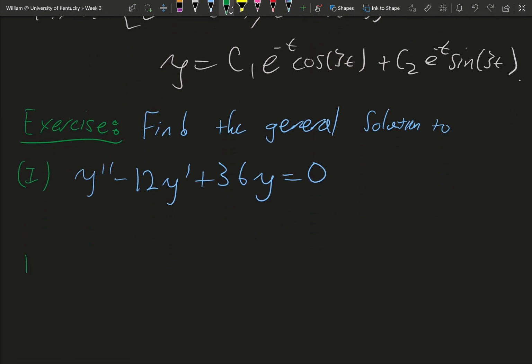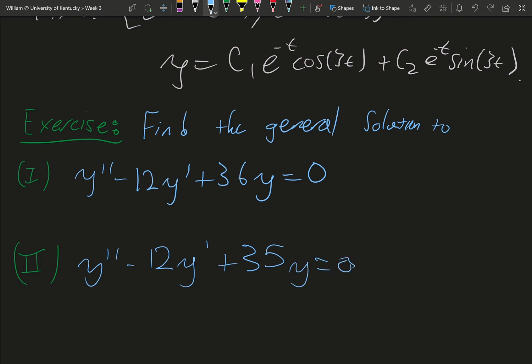For the second one, we'll do y double prime minus 12y prime plus 35y equals 0. So the only difference between these two problems is that 36 is a 35. And for the last one, we have y double prime minus 2y prime plus 5y equals 0.